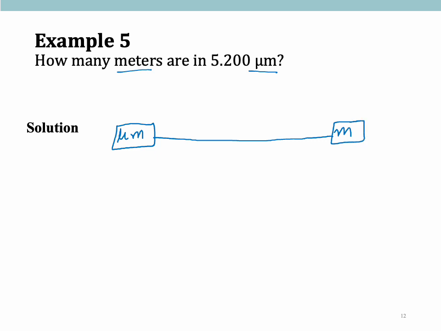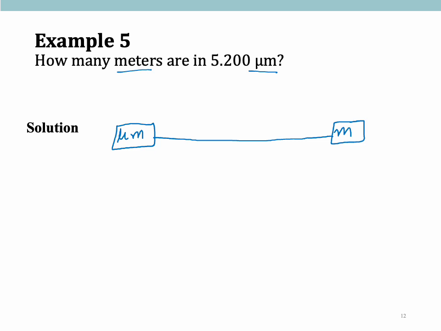Now what we need between these two units is a conversion factor that relates them both. Either you can find a conversion factor that has both of these units, or, if not, we will try another approach that I'll show you later on. For example, is there a direct relationship between micrometers and meters?